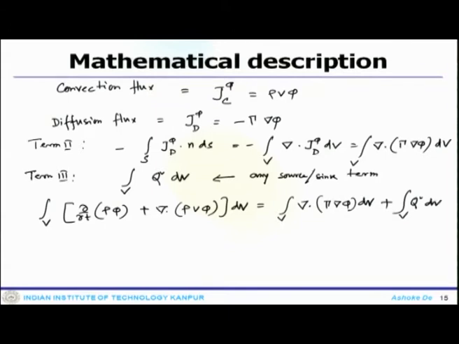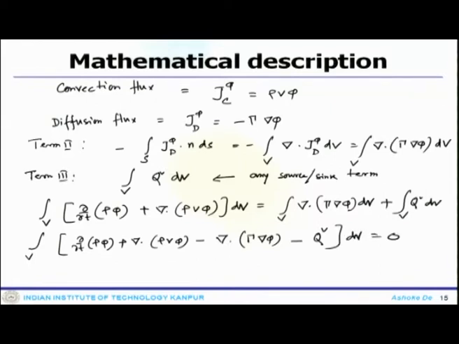So you take everything over one integral and then you can write the integral of del t of rho phi plus del dot rho V phi minus del dot gamma del phi minus Q dV equals 0.